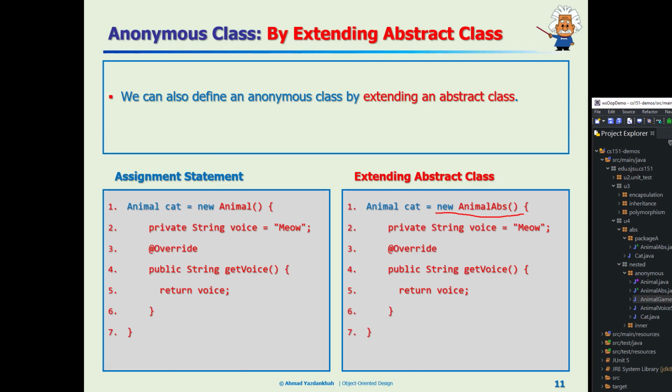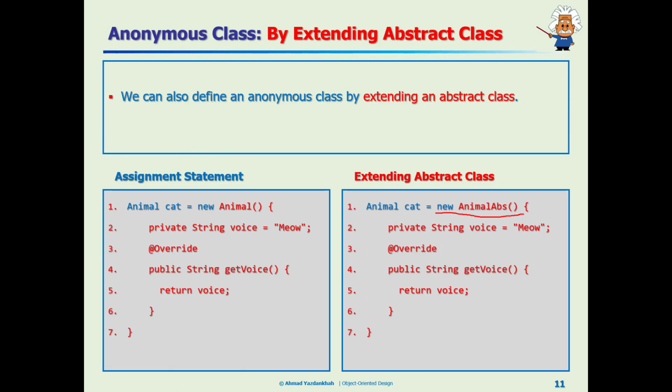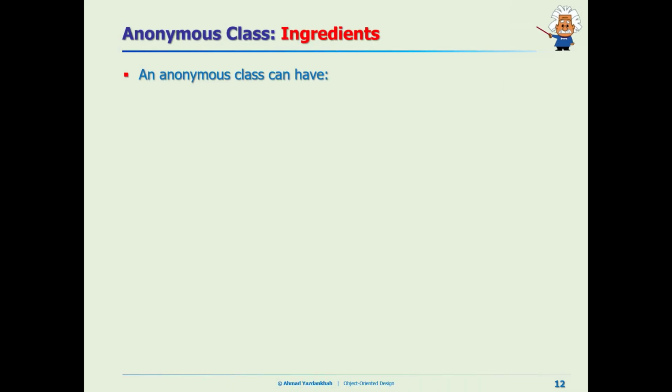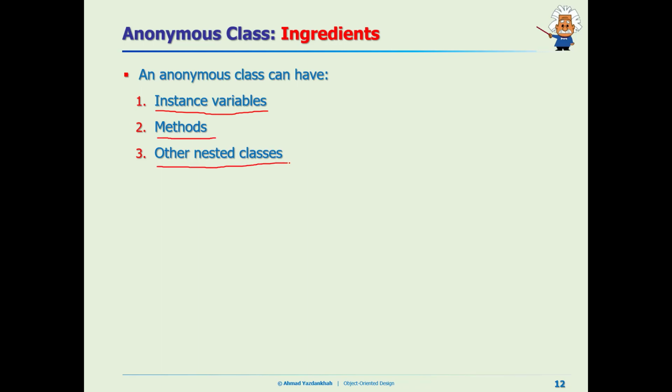Okay, so now let's see what we got more. So what is the ingredient of an anonymous class? An anonymous class can have instance variables. We saw that right now. It can have methods. It can have other nested classes.